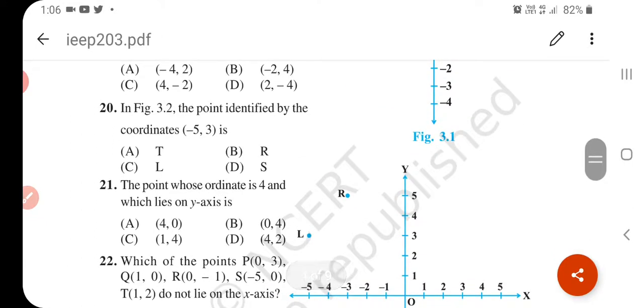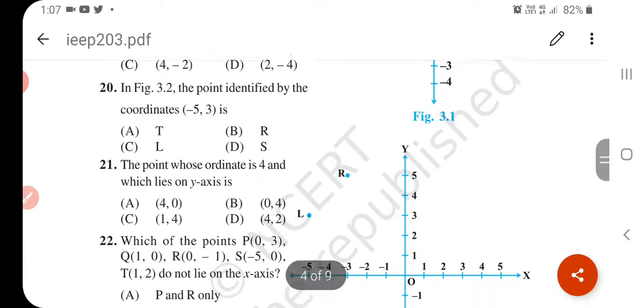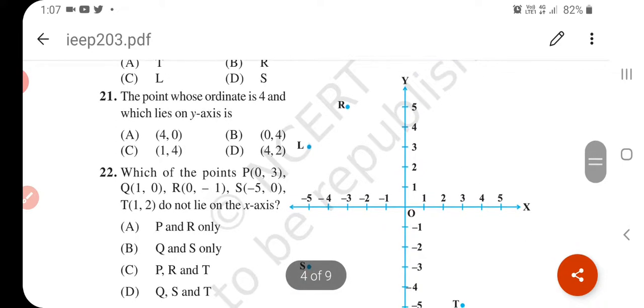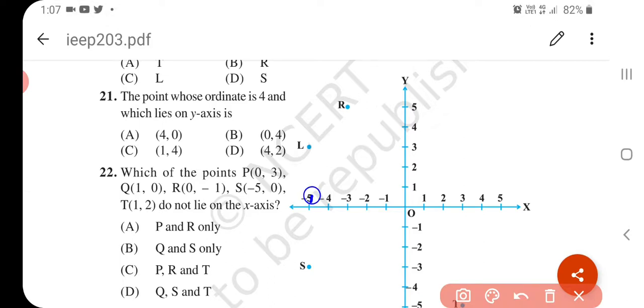The point identified by the coordinate -5 and 3. -5 means x coordinate is -5. So see here, x is -5 and y is 3. So it's the point L. So C option is the right answer.